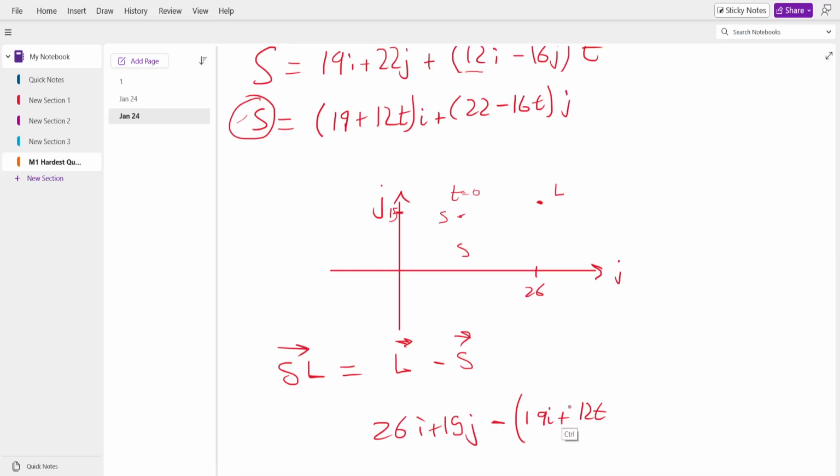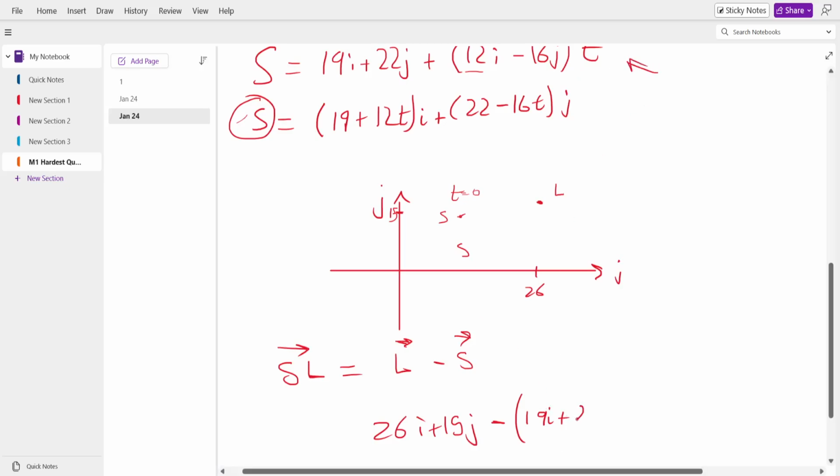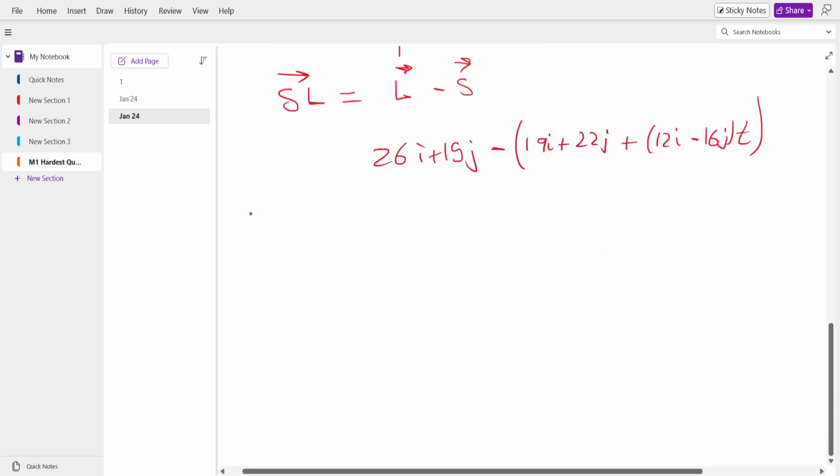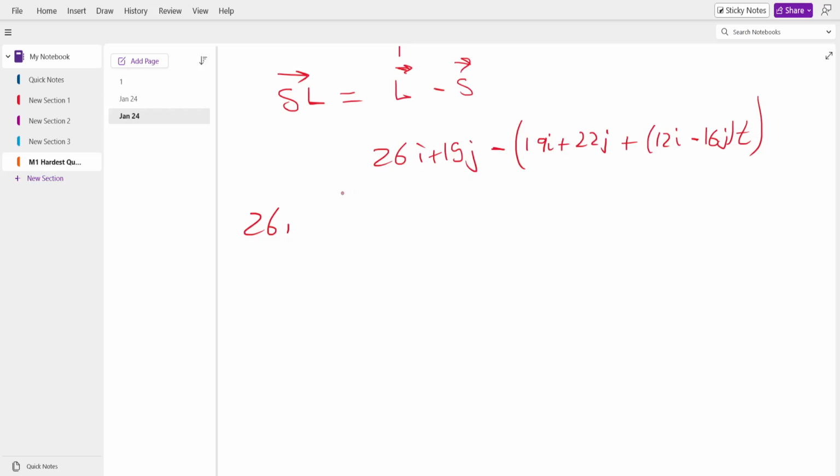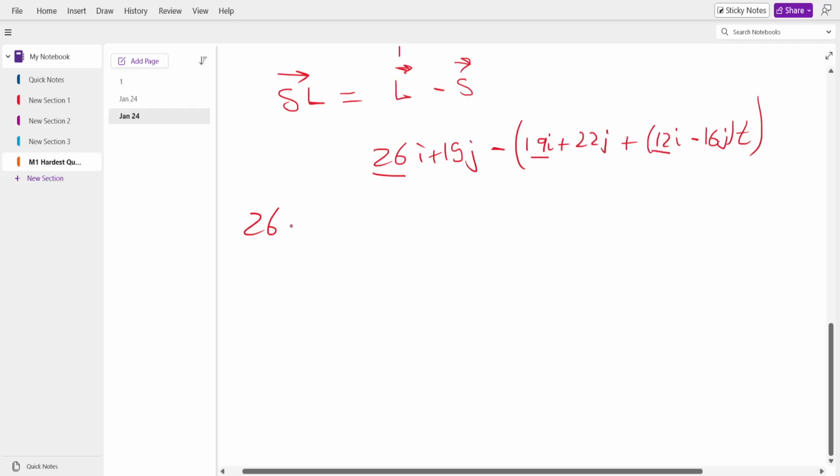Or I can rewrite it using this form: 19i plus 22j plus 12i minus 16j times t. So basically I need to perform this subtraction. Let's do the i's first. For the i's I will have 26 minus 19 minus 12t. This is the i component.